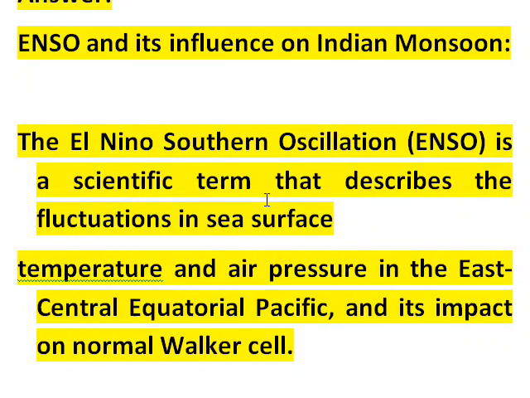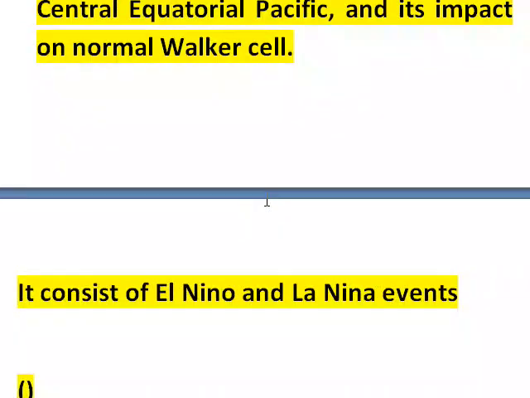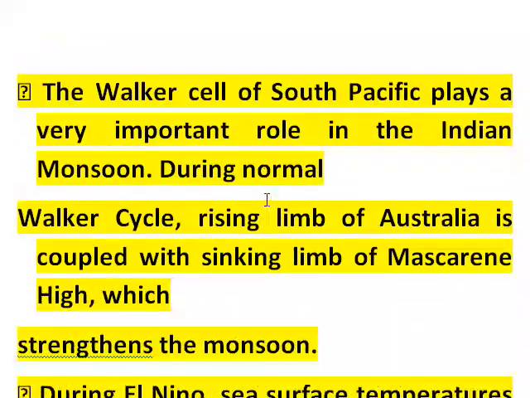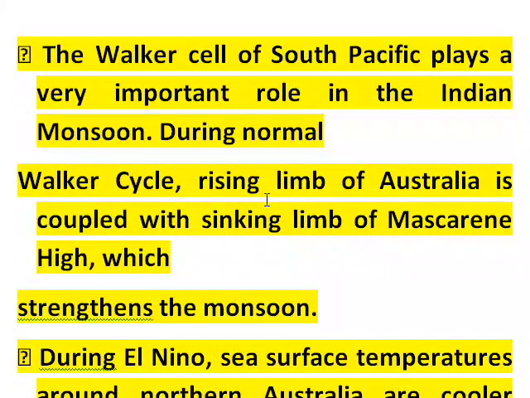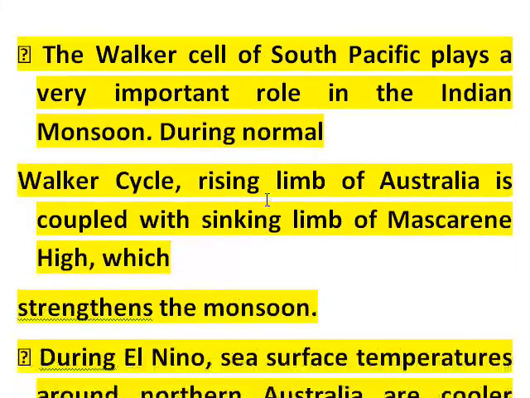It consists of El Nino and La Nina events. The Walker circulation cell over the South Pacific plays a very important role in the Indian monsoon.